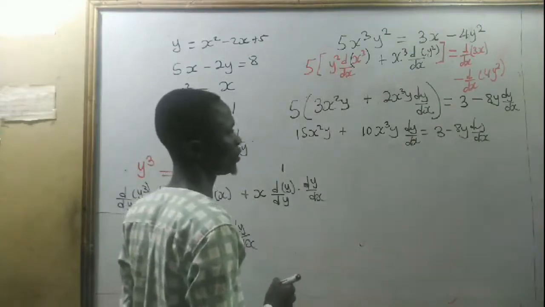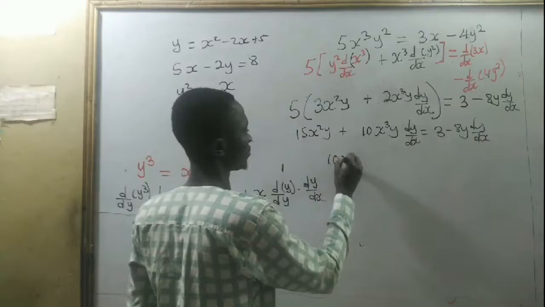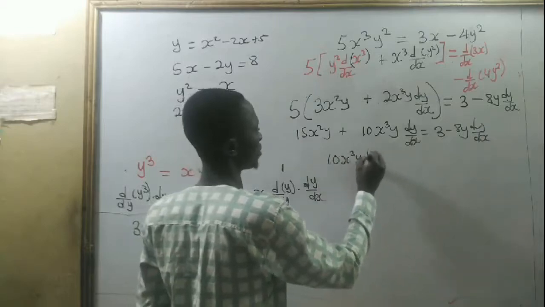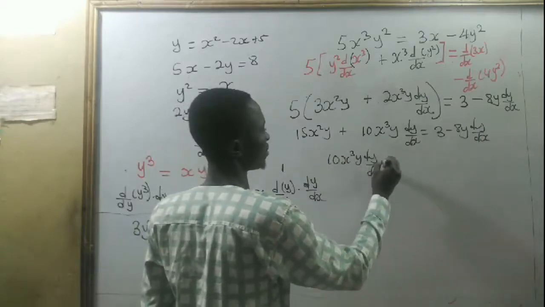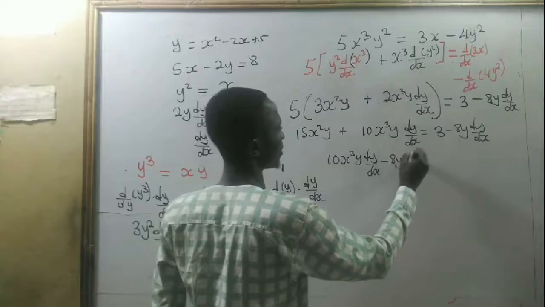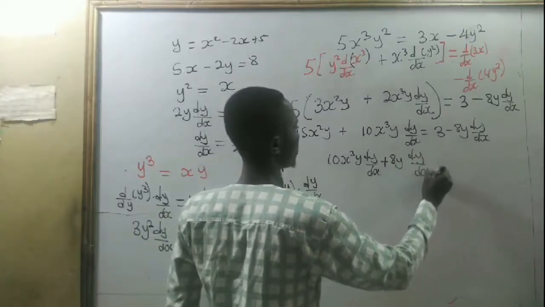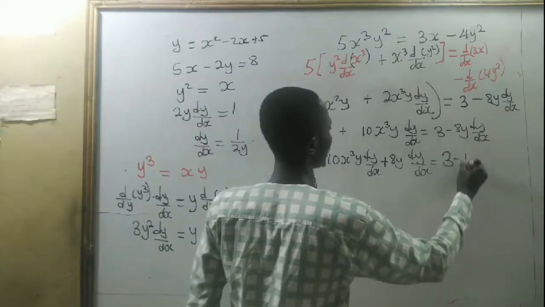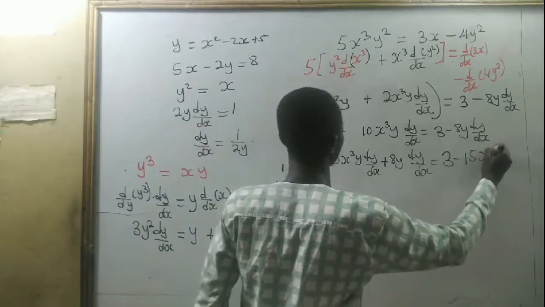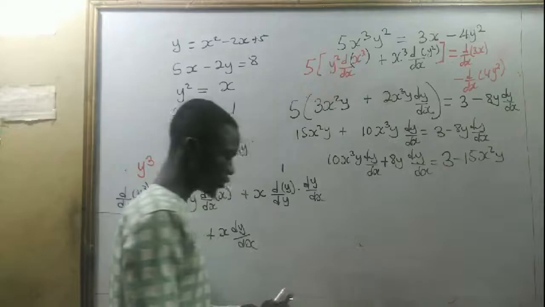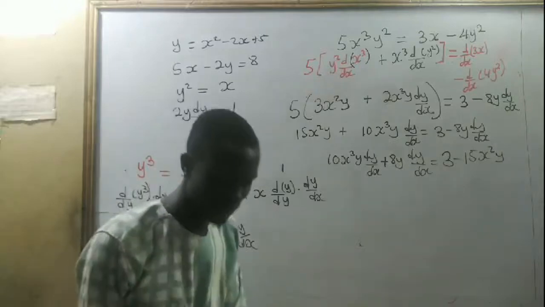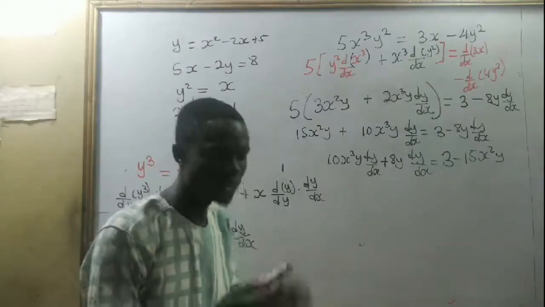So you can group the like terms. You have 10x cubed y dy/dx plus 8y dy/dx equal to 3 minus 15x squared y. Wow, that is very, very nice.